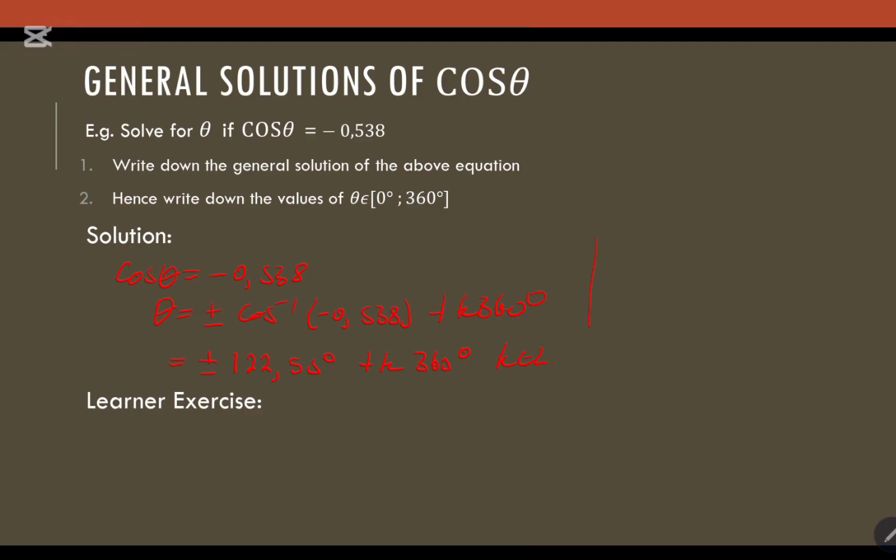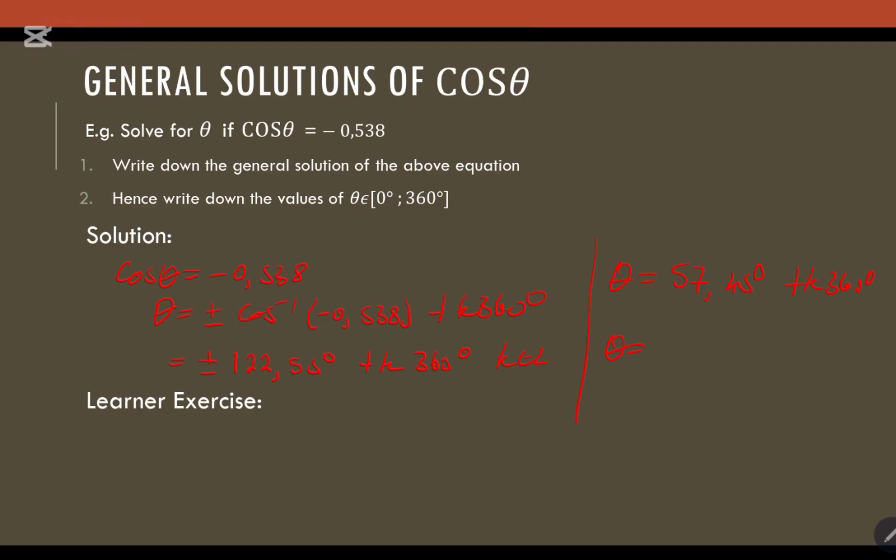Or you can also use the quadrant and say in which quadrant cosine is negative. Cosine is negative in the second quadrant and the third quadrant. So you can also write theta equals 180 minus 122.55, and that angle is 57.45 degrees plus k times 360, and k is an element of integers.